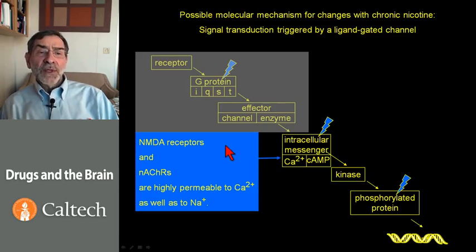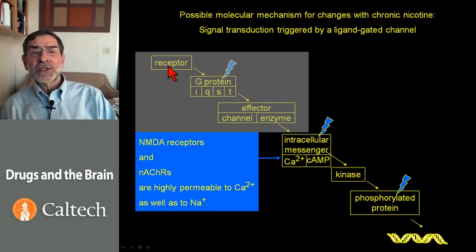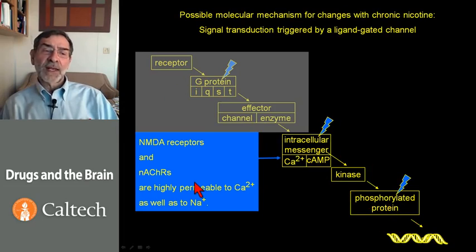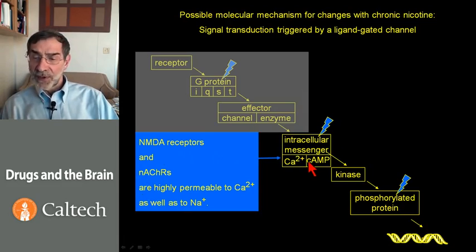In particular, we'll talk about how activation of a G protein coupled pathway for prolonged periods of time can lead to changes at the level of genes, and how this can be hijacked by nicotine receptors, by other receptors that can introduce intracellular messengers on their own.